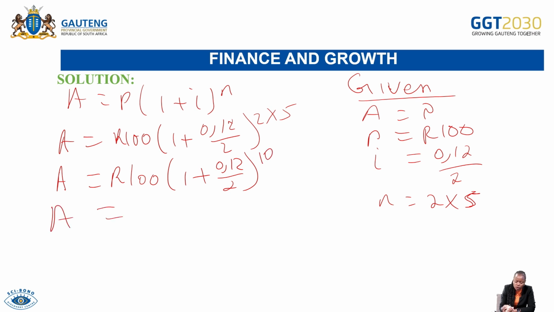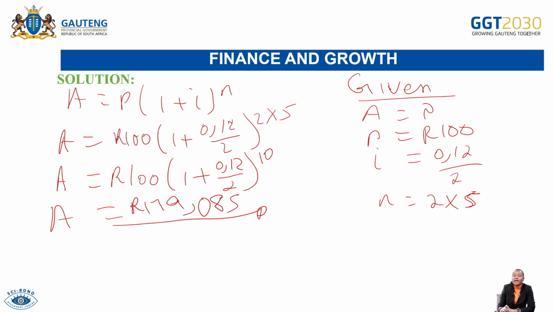Then if you put all of this in a calculator, you will get 179.085 cents.